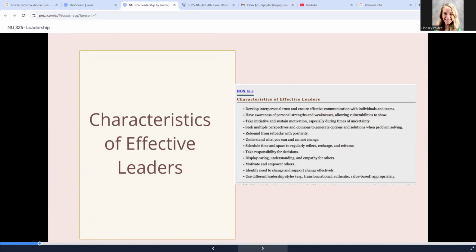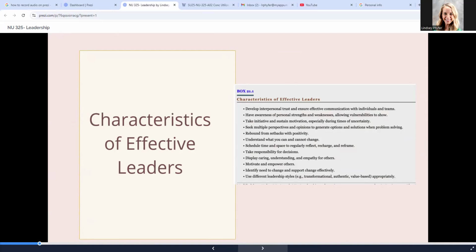So, having a good attitude is a very important quality as a leader. They need to understand what you can and cannot change, and they also need to portray that message to their staff as well. Effective leaders are going to schedule time and space to regularly reflect, recharge, and reframe. Because as we know, whether we're talking about being a leader or being a nurse, taking time away to recharge yourself and reframe your mindset is always a beneficial thing.